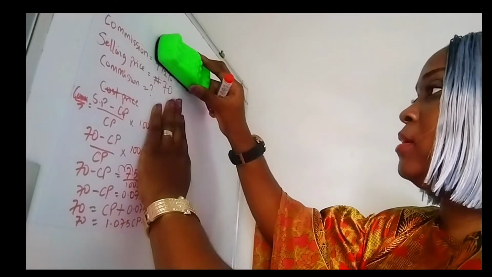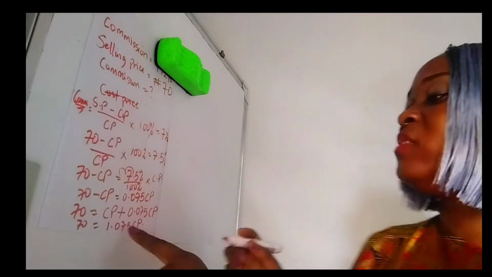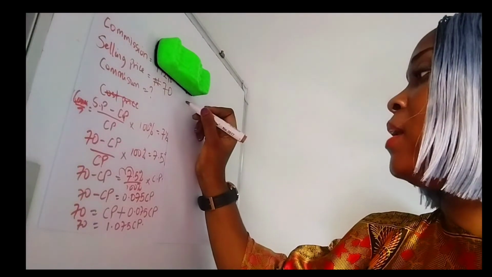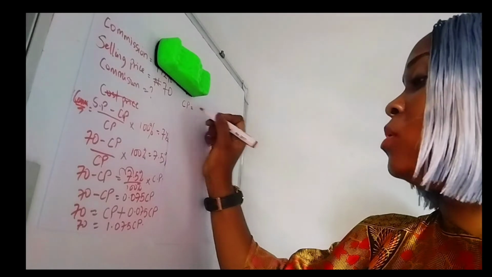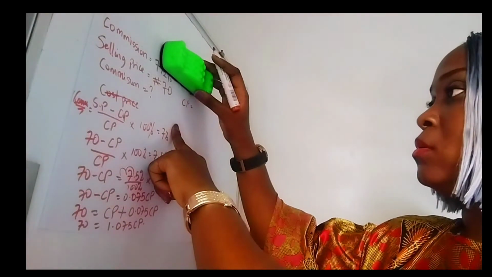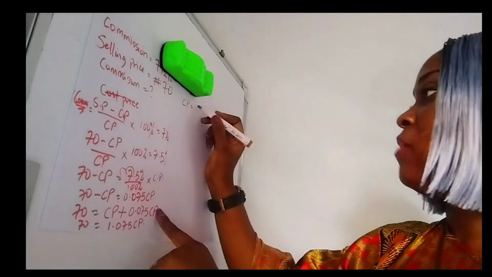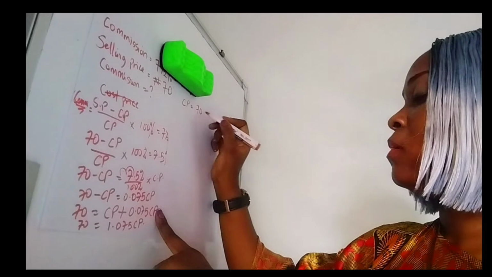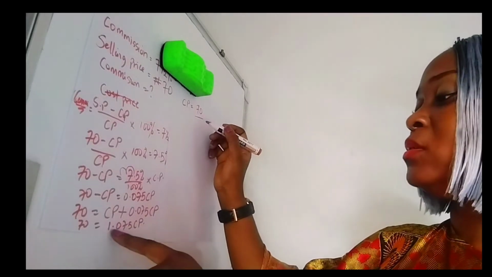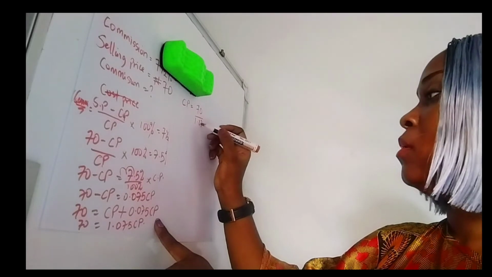Okay. So we'll make CP subject of the formula. Alright? So CP is equal to what? CP is equal to what? 70 divided by what? 1.075.